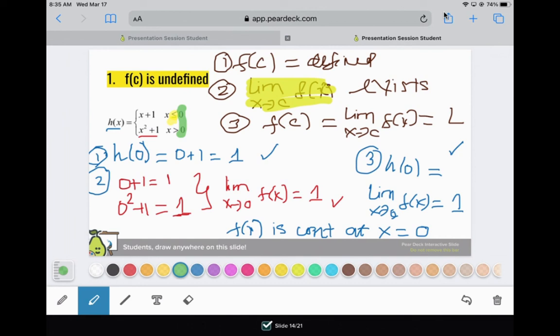If step 1 is okay, I go to step 2 and there's no limit, then I'm not even bothered to go to step 3. I can just say the function is not continuous. So in order for the function to be continuous, all of these steps have to work. It has to be true for all 3 criteria. Other questions?